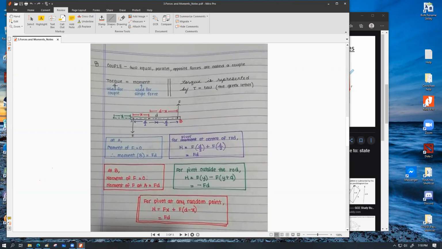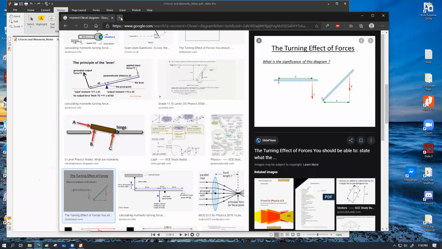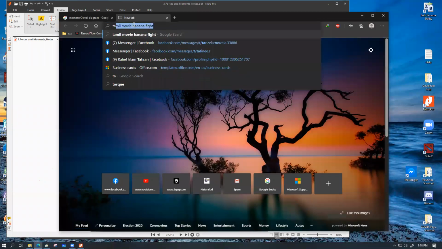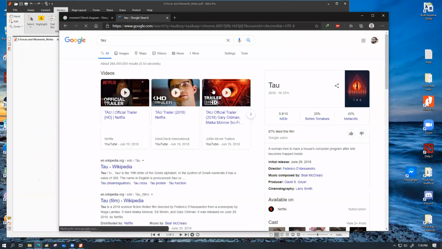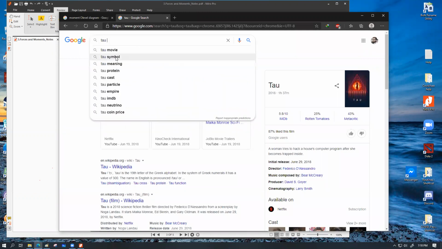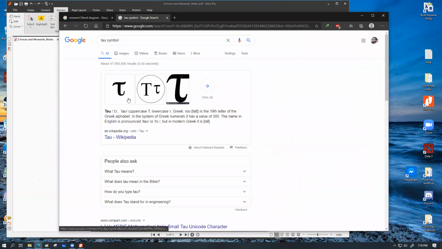Torque is represented by tau. The tau symbol looks like this. I might as well show you this in the written version. This is how tau looks, sort of a fashioned top and a curved bottom. Stylish T, yeah, sort of.